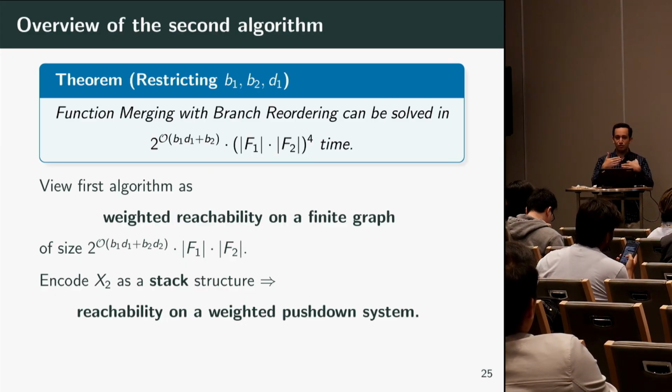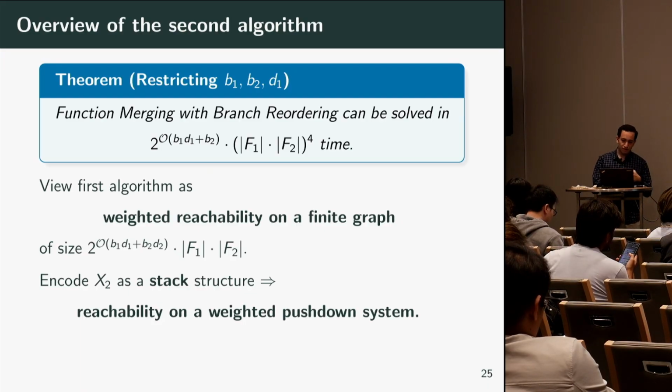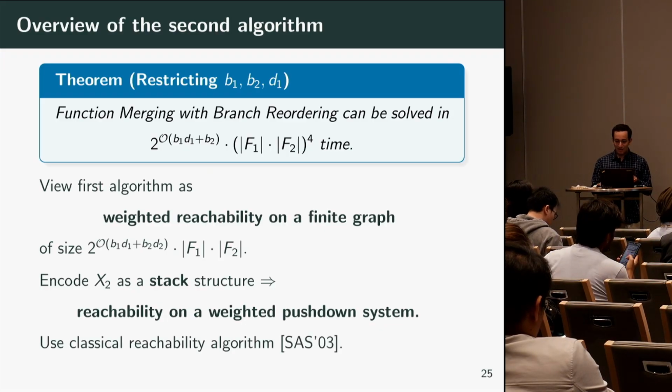And the height of this stack corresponds to the depth of the node that we're at. This insight allows us to reduce the problem to reachability on a weighted pushdown system. And then we use a classical reachability algorithm to get this running time. This is it. Thank you very much. I'll be happy to take questions.